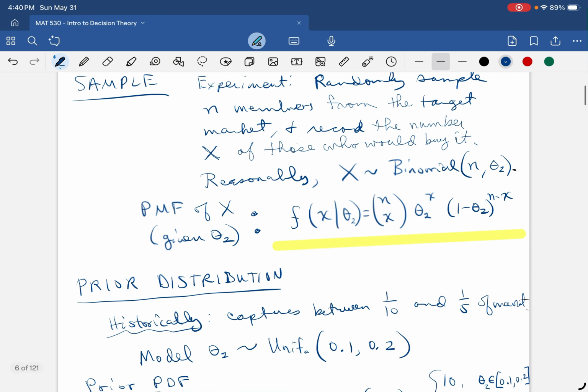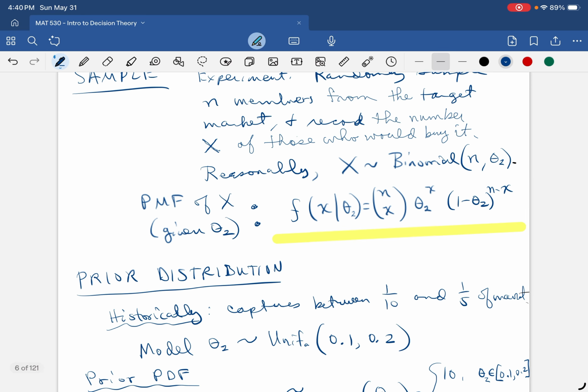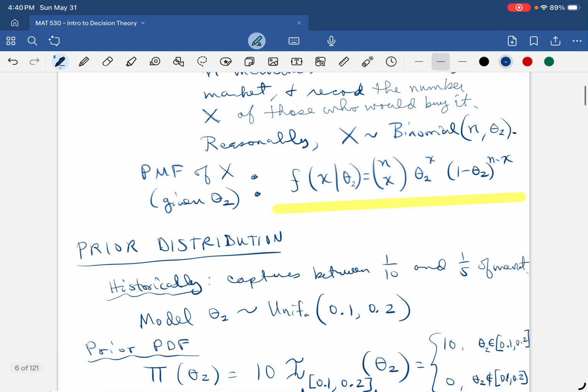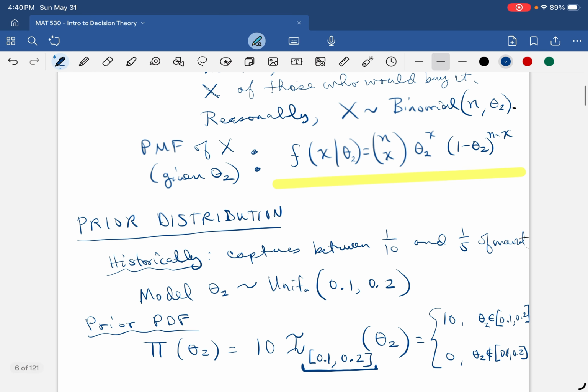So we're going to also think about, well, how could we use our prior knowledge, or how could this drug company use their prior knowledge to gain more information about the value of theta 2? And so let's suppose that historically this company's drugs of a similar type have captured between 1/10 and 2/10 of the market.